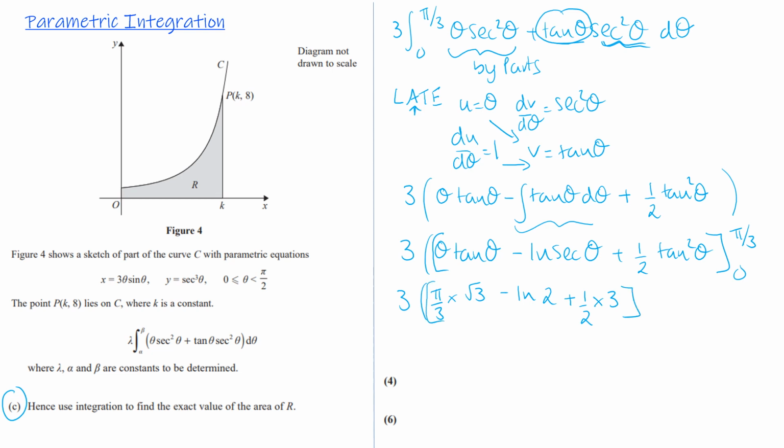So that's putting the first limit in. When you put the 0 in, 0, 0 and 0, so they're all going to be 0, so that's good. And then multiplying the 3 in, we're going to get root 3 pi minus 3 ln of 2, plus 9 over 2, and that is my final answer.